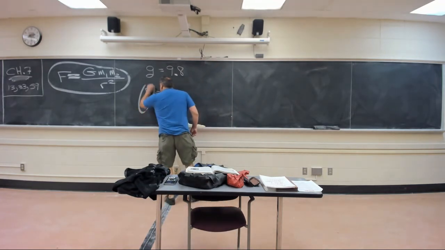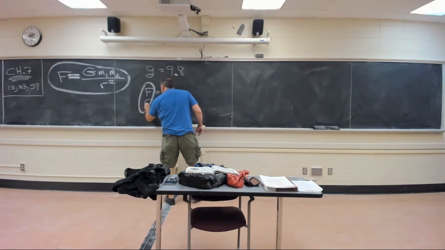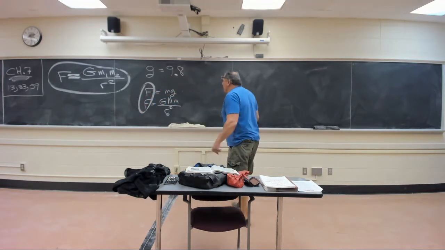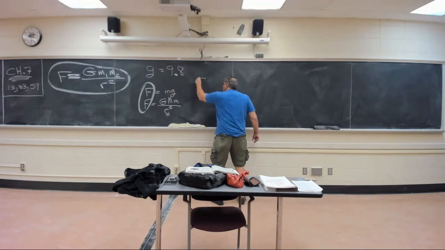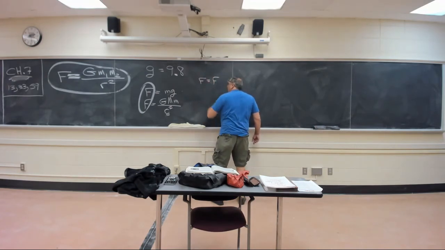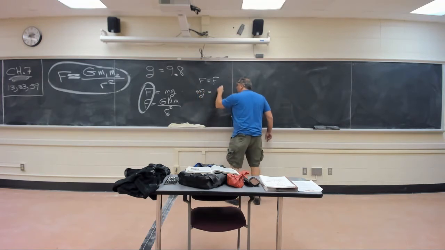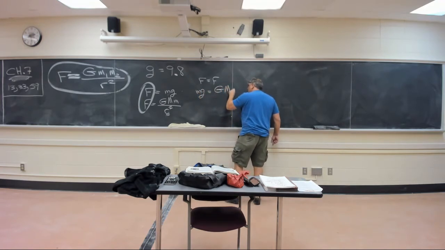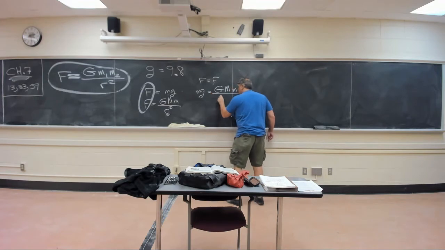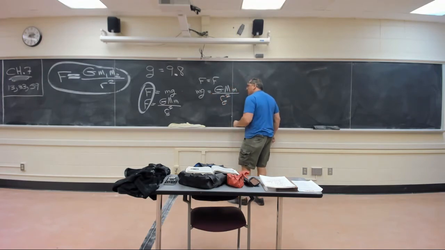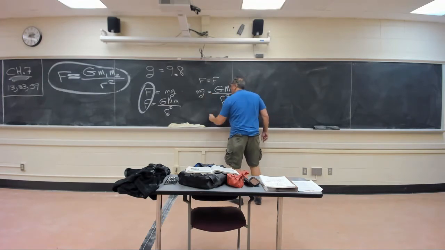If that's the case, those two forces are equal. F equals F, mg equals GMm over r squared. Divide by small m on each side.